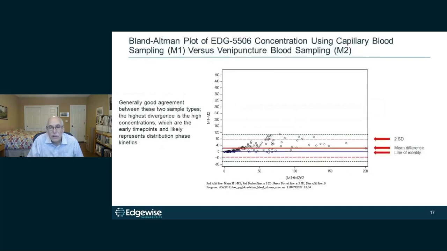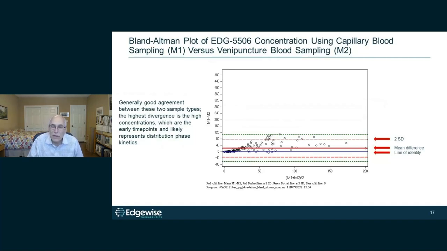And then finally the Bland-Altman analysis, again, the identity line is very close to the mean difference. And the majority of the samples, particularly at the lower concentrations, so later time points, are within the 2 standard deviations.